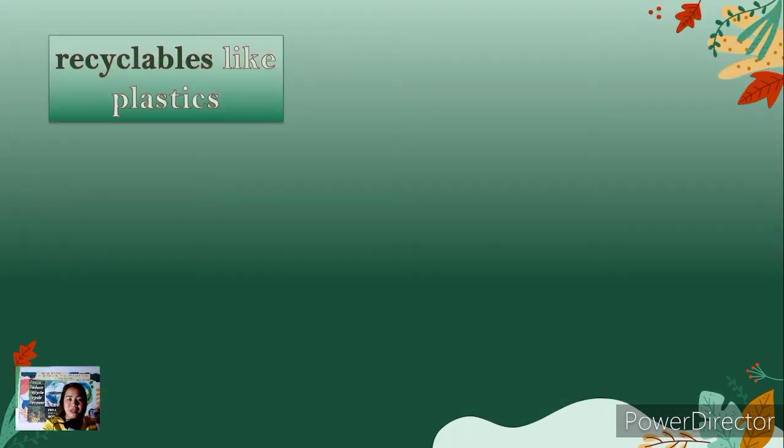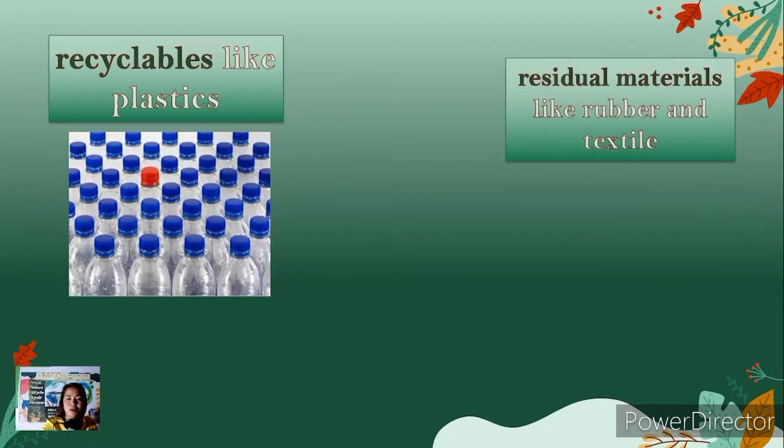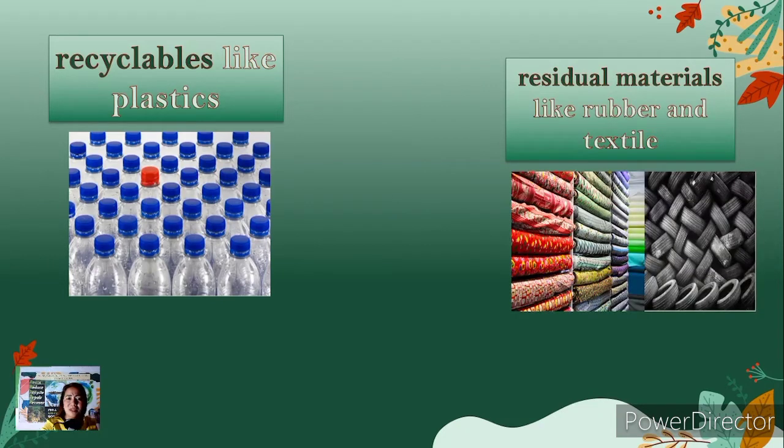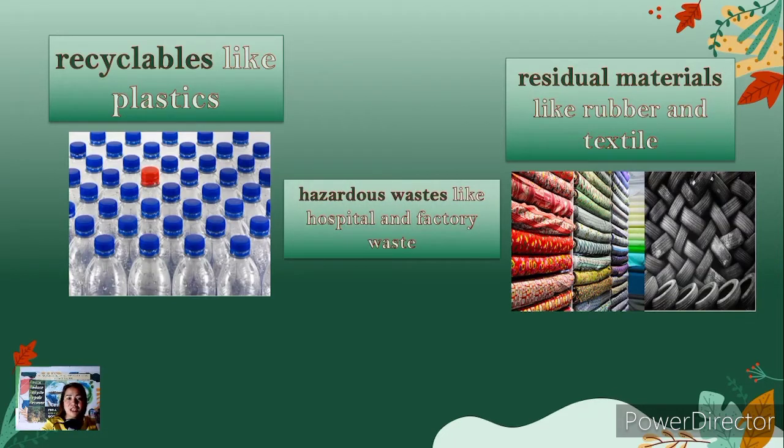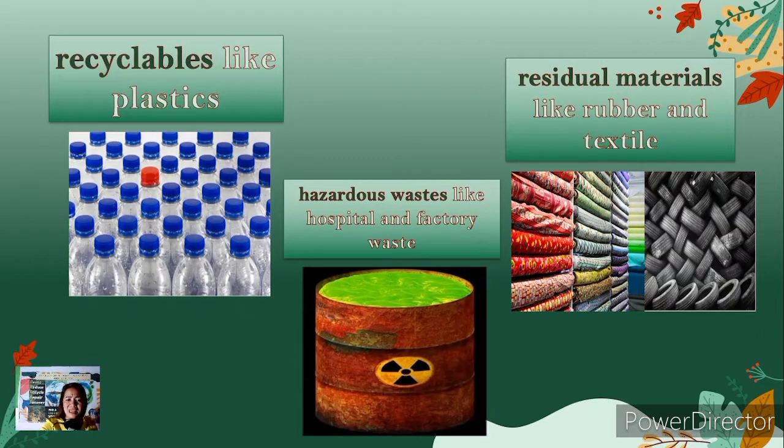Non-biodegradable waste can be categorized into the following: recyclables like plastics, residual materials like rubber and textile, which can be sent to material recovery facility, and hazardous wastes like hospital and factory wastes. These need to be disposed carefully and properly away from residential areas.